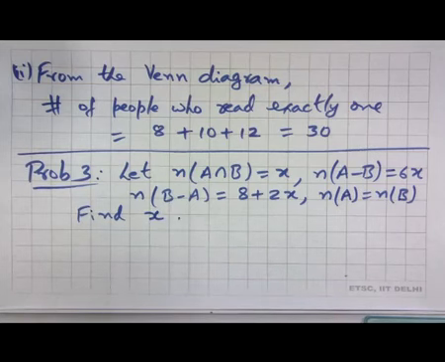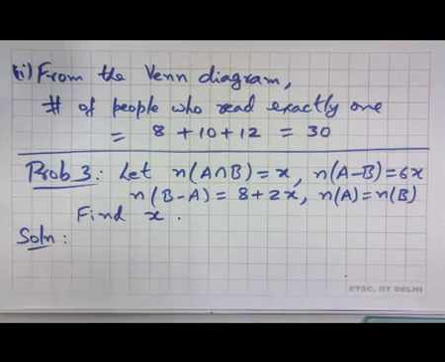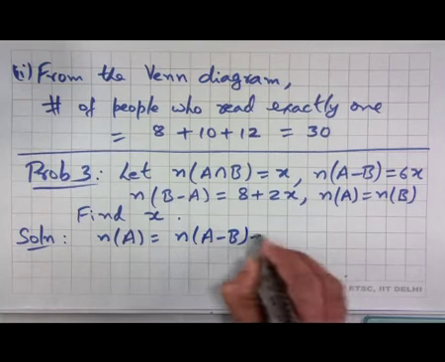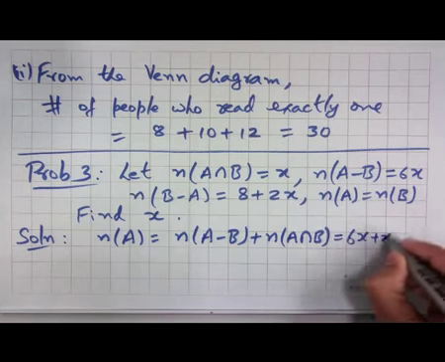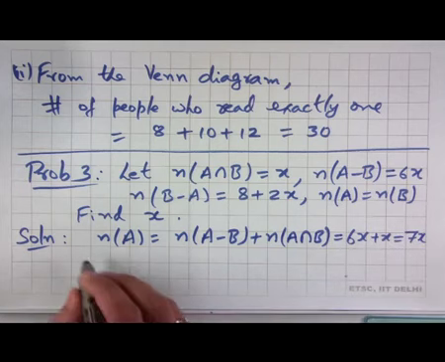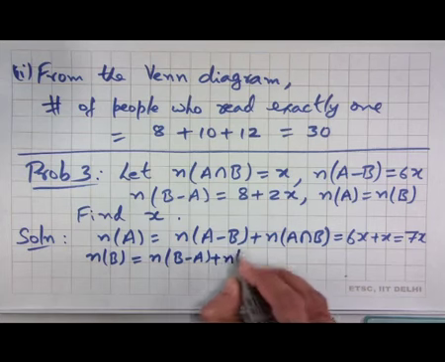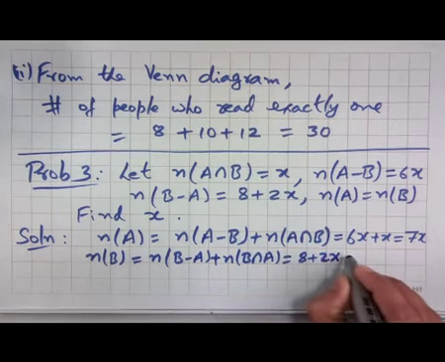Right. So, we are given the number of elements in the intersection and the number of elements in A minus B and B minus A, and the number of elements in A is equal to the number of elements in B. So, to do this, we know that n of A is equal to n of A minus B plus n of A intersection B. So, this is equal to 6x plus x, which is 7x, and n of B is equal to n of B minus A plus n of B intersection A. So, this is equal to 8 plus 2x plus x.